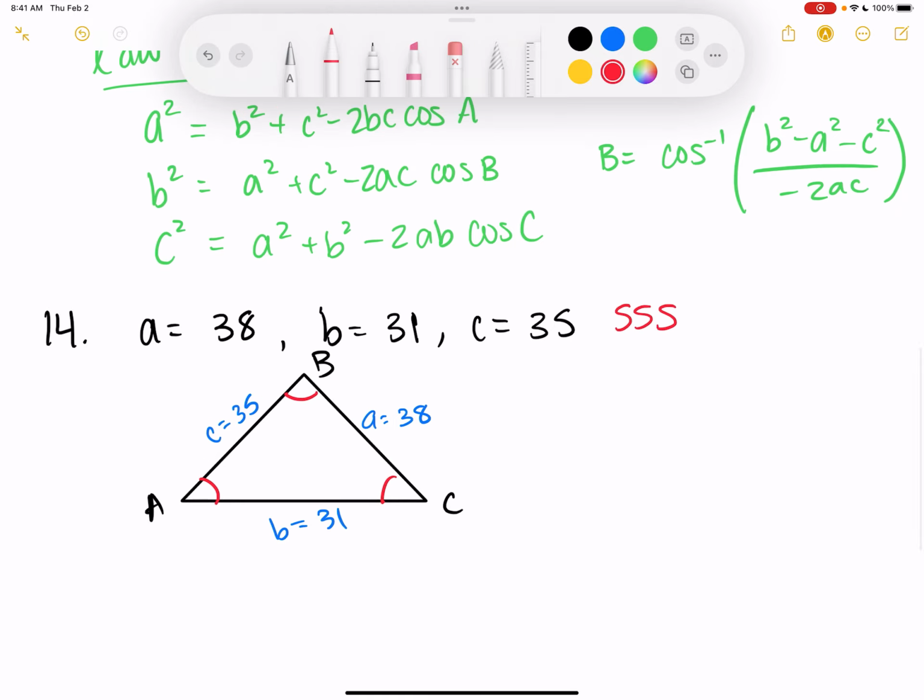So I'm going to start with the original law of cosines formula, show you how to get the other one so you don't have to memorize this, because I'm sure you're like, what in the world? It's way easier if you just solve for it. So we have b squared is equal to a squared plus c squared minus 2ac cosine B. And again, I'm doing this because this is my smallest side.